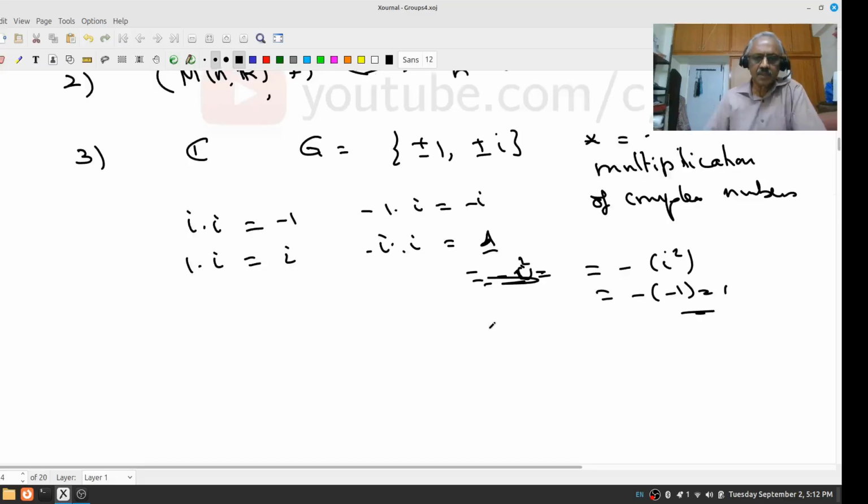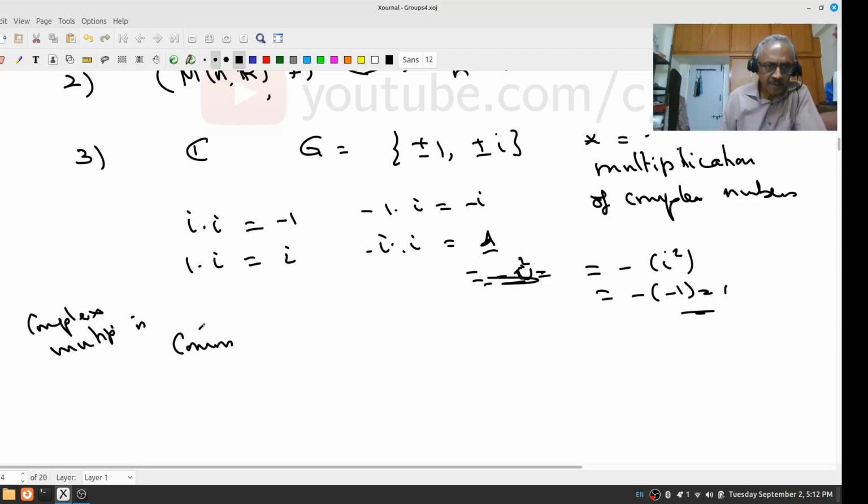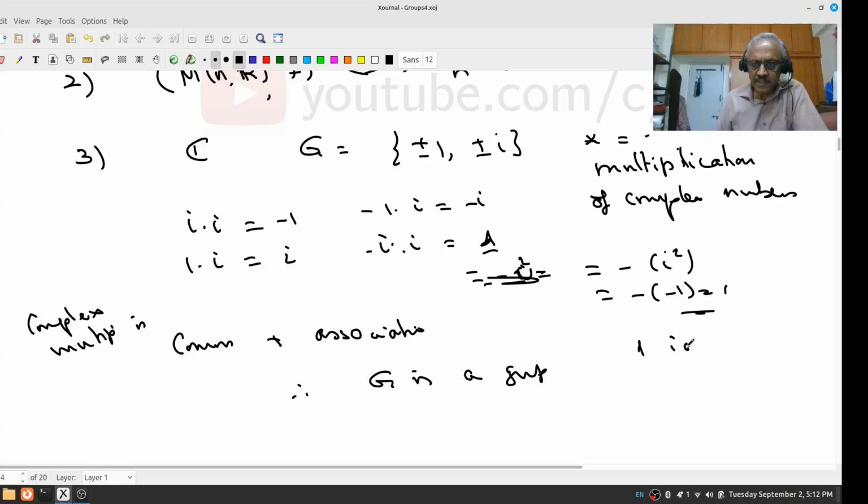Since complex multiplication is commutative and associative, G is a group with 1 as identity.